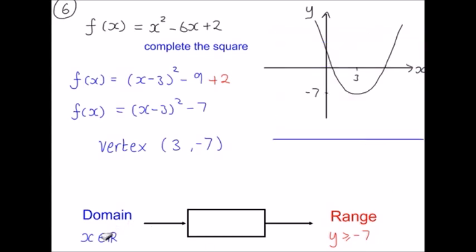So let's say if I restrict the domain here to x is greater than or equal to 3. So now this part of the curve no longer counts. So we're left with this. Now the function passes the horizontal line test with its restricted domain, so it has a one-to-one relationship.